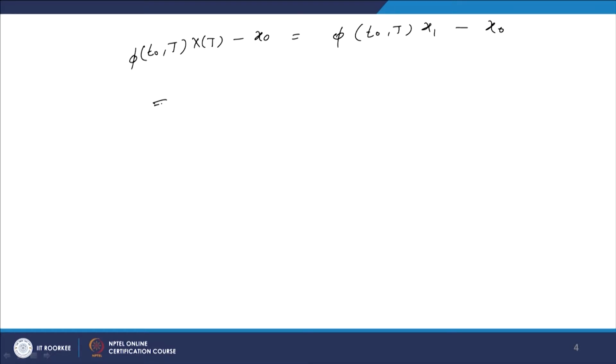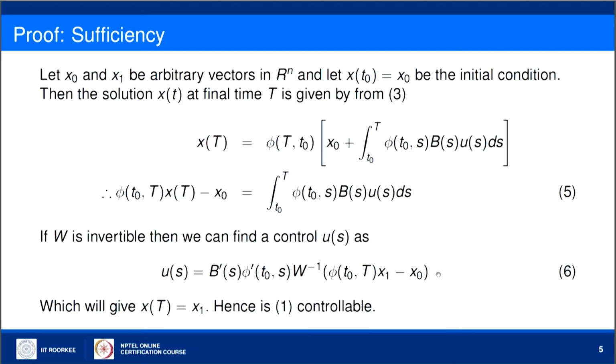So, this automatically will imply that x of capital T equal to x1, which is the required one. So, we can conclude that this control given in equation 6 will take the system from the initial condition x0 to the final condition x1. So, the system is controllable.